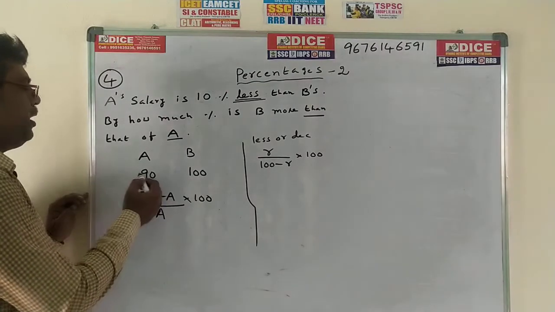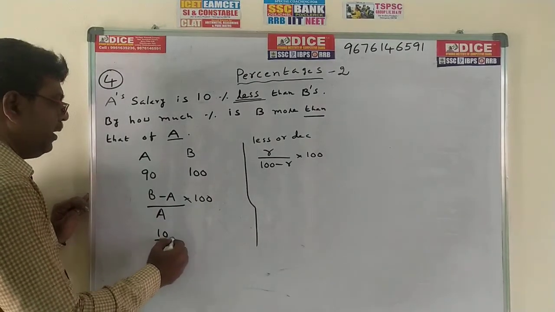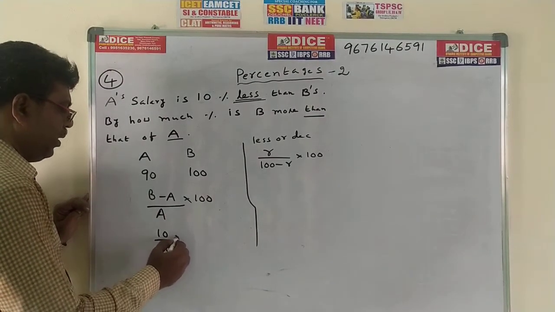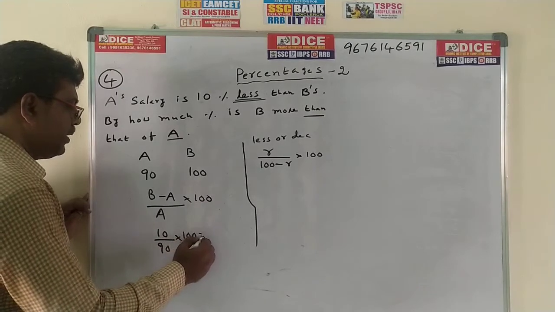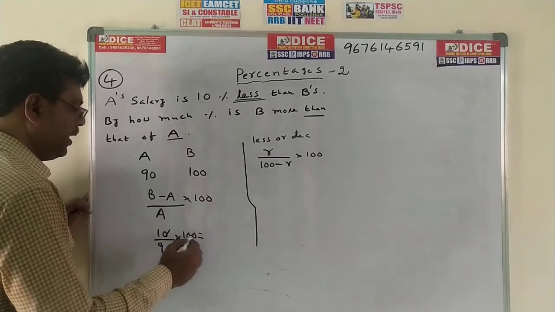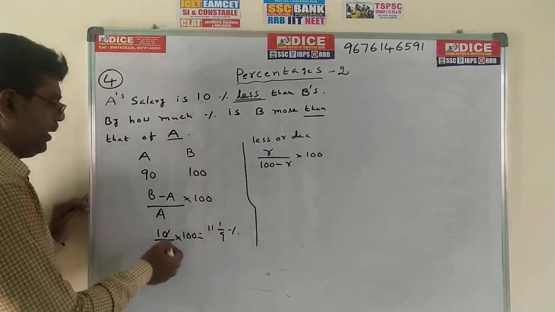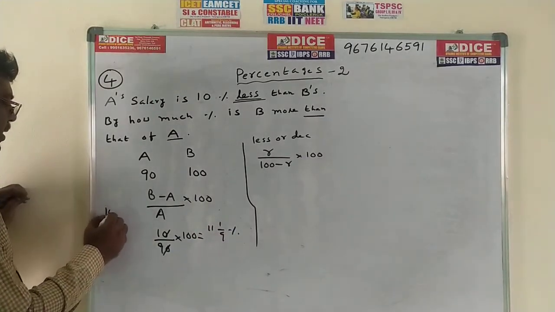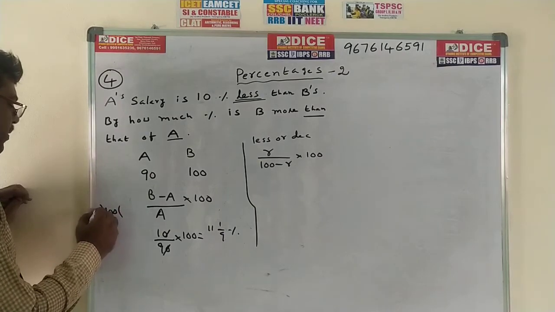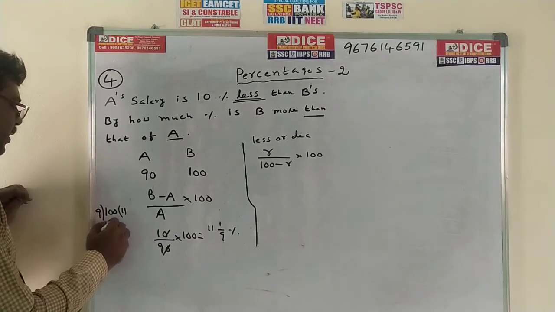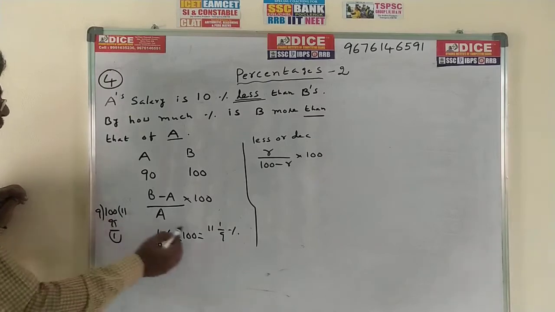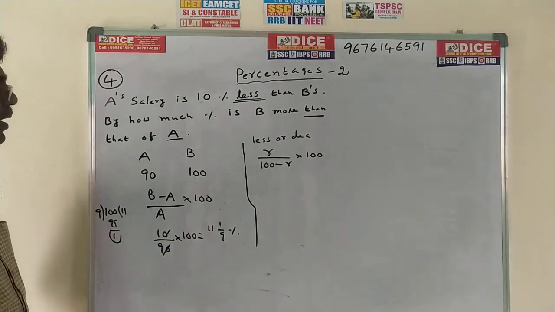So B minus A is 100 minus 90, that is 10. 10 by A, which is 90, into 100. So the zero cancels, 100 by 9, that is 11 1 by 9%. You can check: 100 divided by 9, 9 11s are 99, remainder 1. 11 1 by 9 is the required answer. This is the general method.